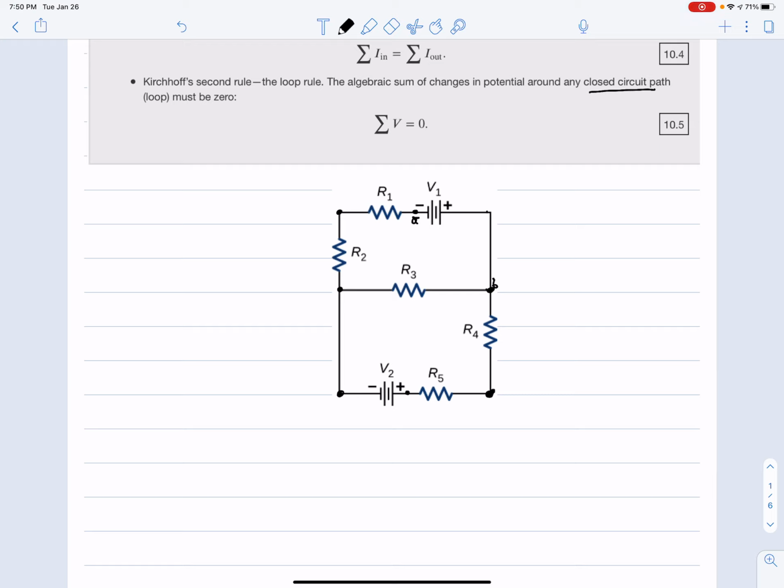I can say, okay, VB minus VA, because it is the change in electric potential, then I know the voltage of that battery.